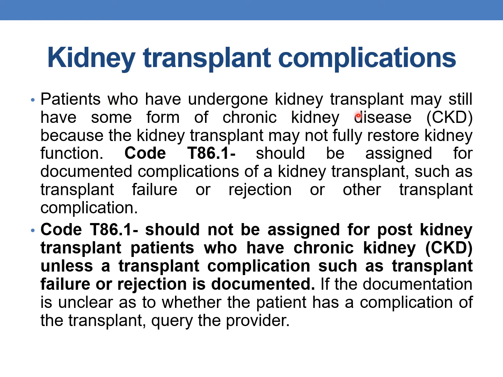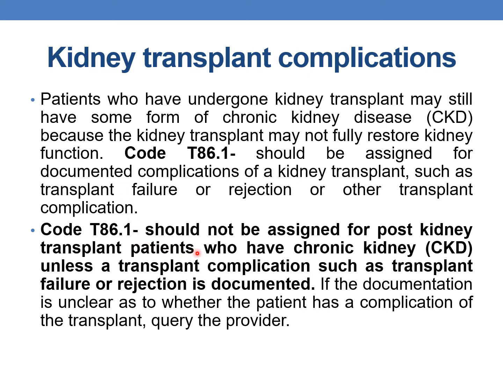Patients who have undergone kidney transplant may still have some form of CKD because the kidney transplant may not fully restore the kidney function. Apart from CKD, if other complications are there, such as failure, rejection, etc., then you have to code T86.1. That is transplant complication of kidney.